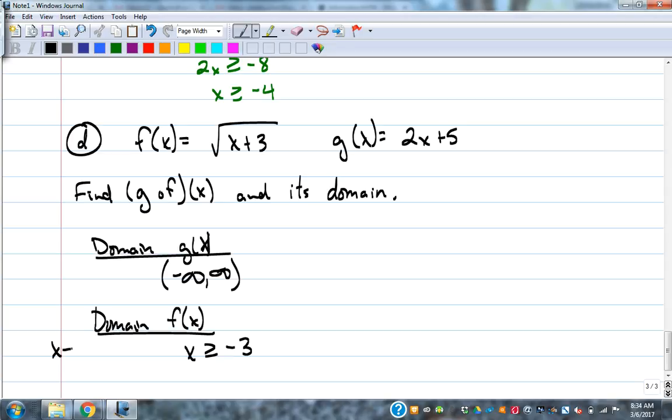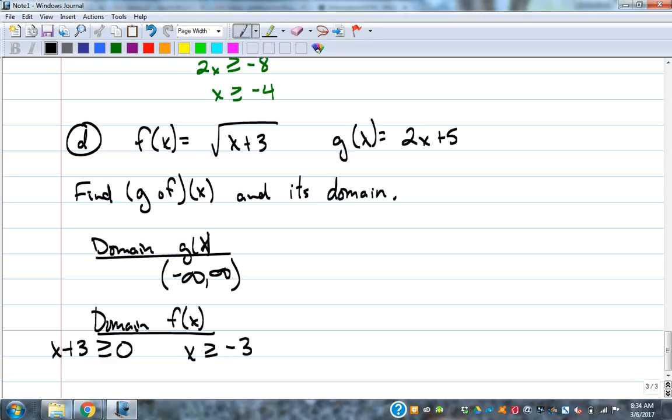Because you're setting whatever's underneath the square root greater than or equal to 0. All right, so we get x is greater than or equal to -3. This is the one that matters. There are no restrictions on the first one.